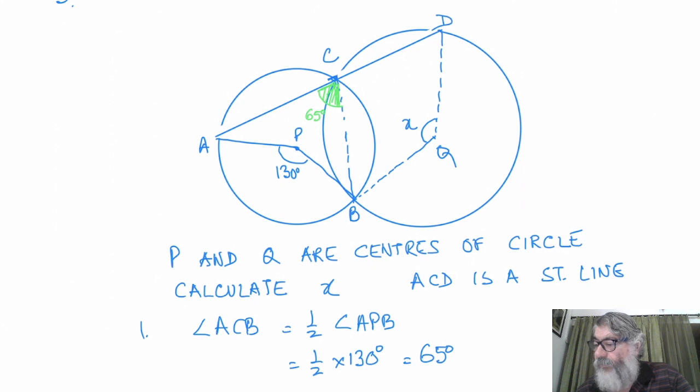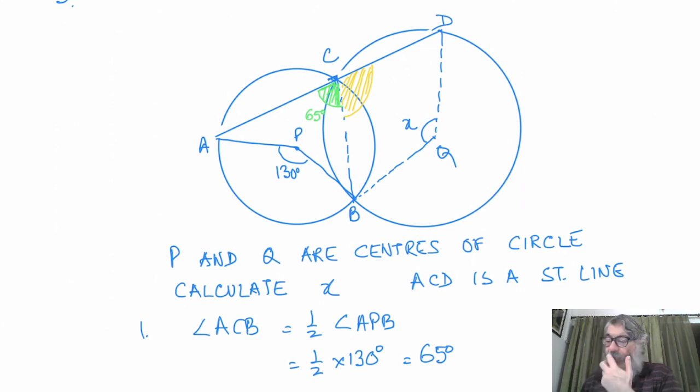Let me draw it with another color. I will calculate this angle BCD. How will I calculate this angle BCD? This angle BCD will be very simple, because he has given you that ACD is a straight line.